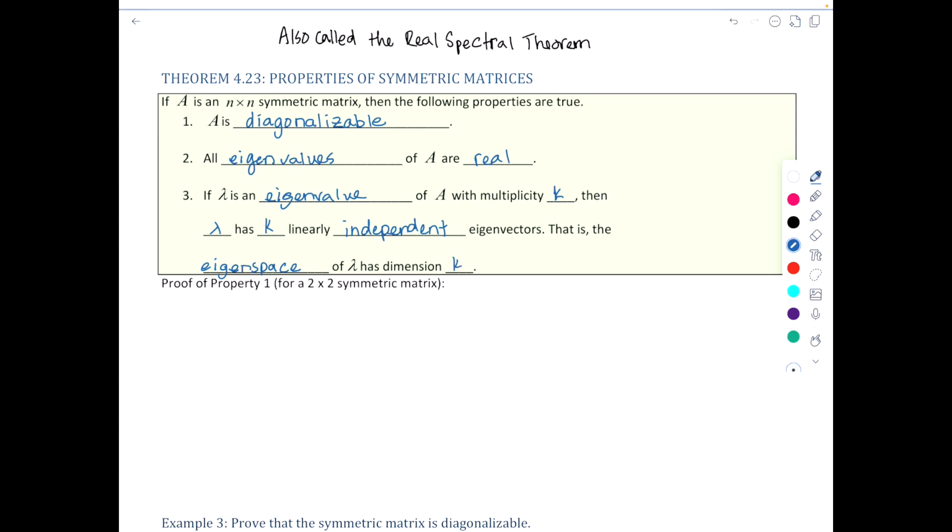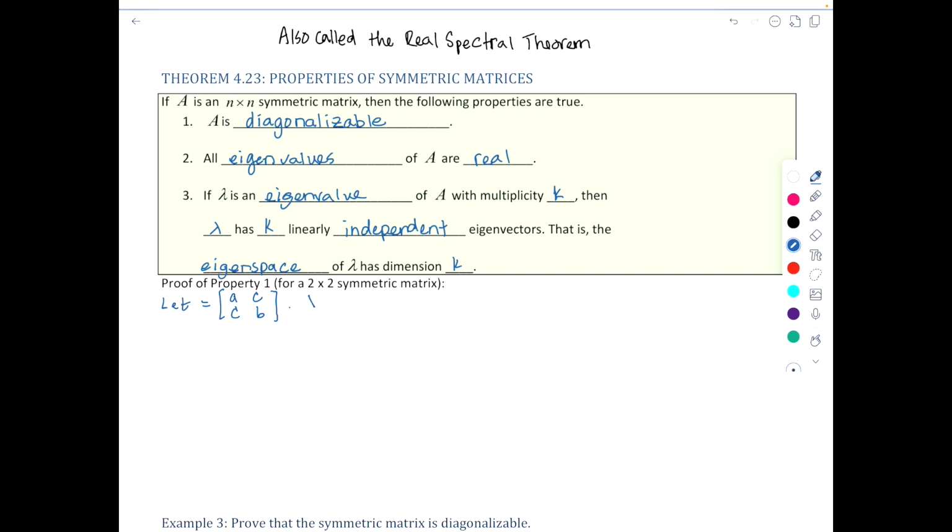So the proof of this property, in this text we can only do it for a 2 by 2 symmetric matrix. So here it goes. We're going to let A equal A, C, C, B, which you note is a symmetric matrix.